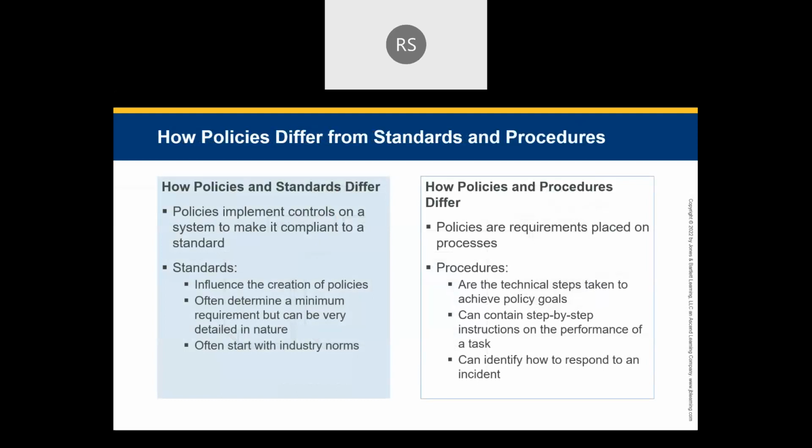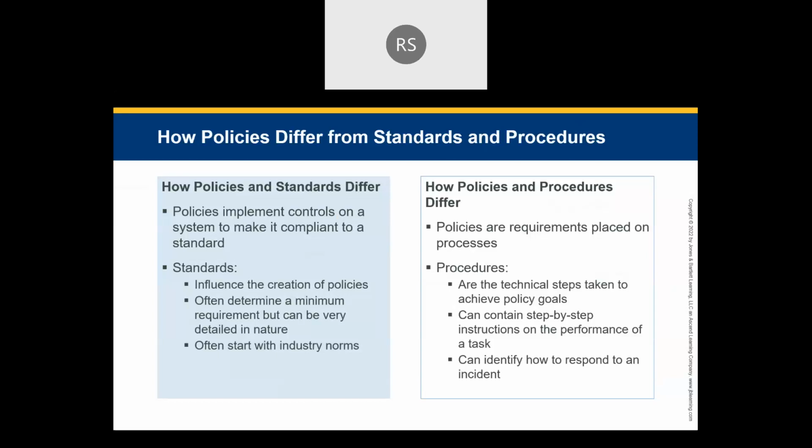as we said, policies are the statements that provide guidance and direction for decision making and actions within an organization. They outline the organization's principles, values, and overall objectives. And they also set the framework for the desired behavior and establish the rules and boundaries for employees and stakeholders. Standards are going to be more specific and detailed than policies.